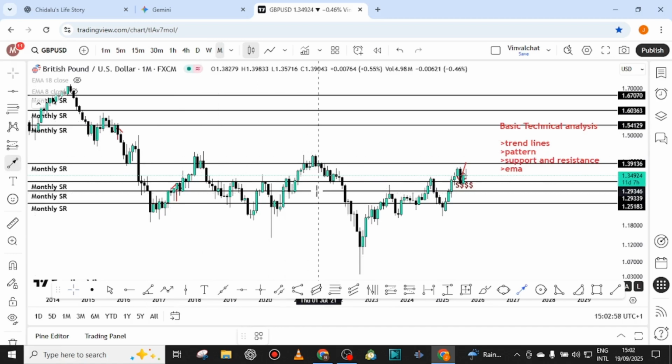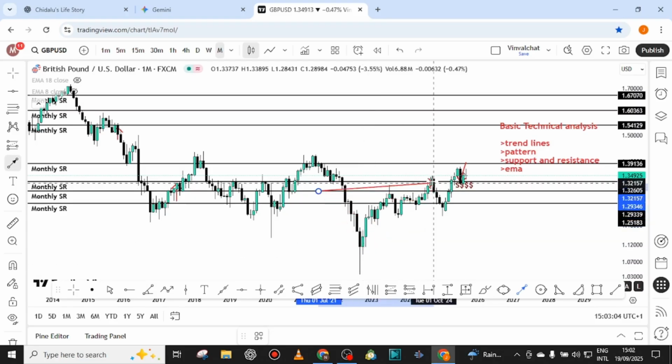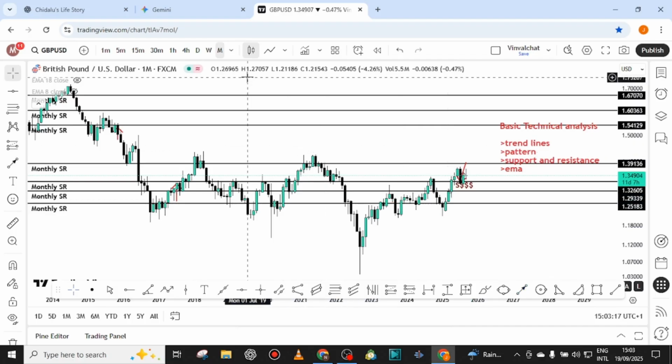Likewise here, the market touches a monthly support and resistance line and then comes downward. You can observe that frequently, and believe me, if you know how to trade your monthly support and resistance line, you can make lots and lots of money from trading using this technical analysis.